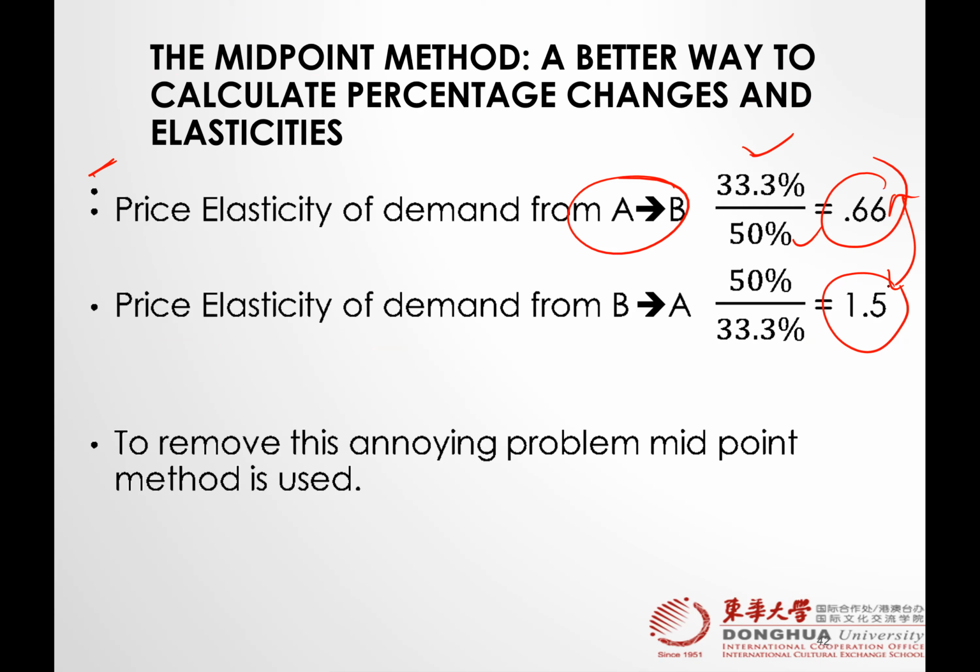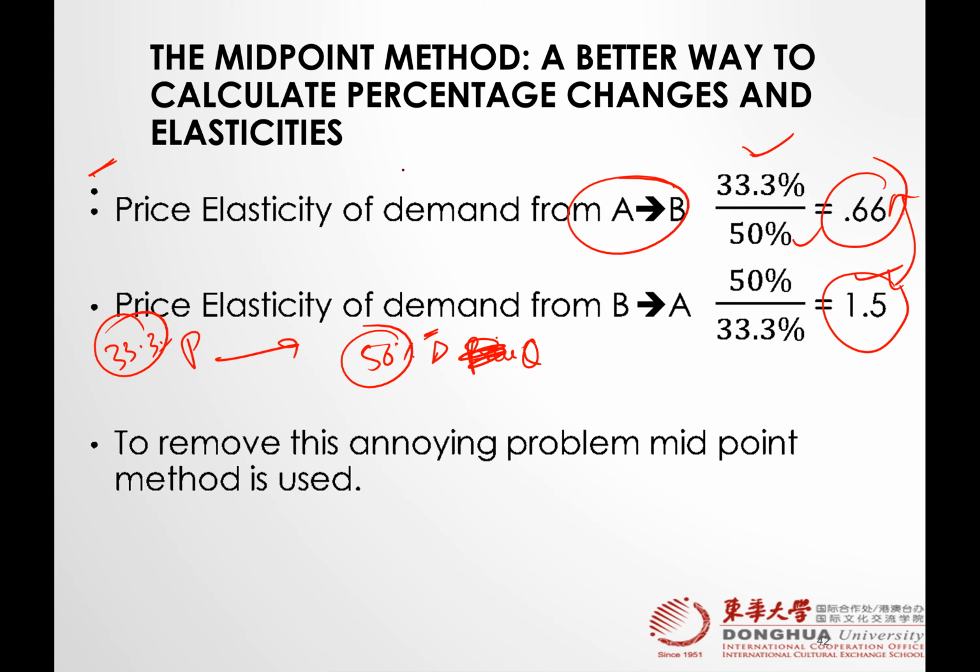Why? Because a 33.3% change in price causes a 50% change in quantity. So you can say that as compared to 33%, 50% is more. So 1.5 suggests that the demand is elastic.